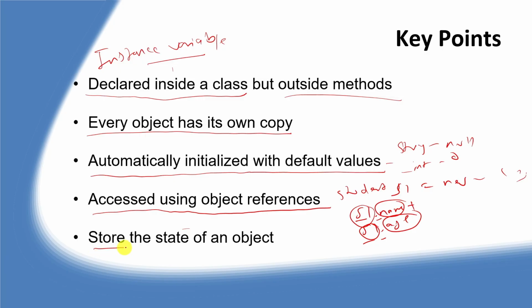And it stores the state of an object. So at a particular point of time, for that particular instance, what is the value of the instance variable? It stores the state of an object.